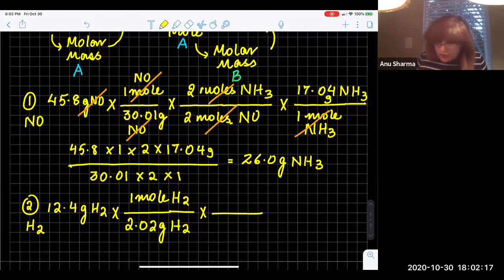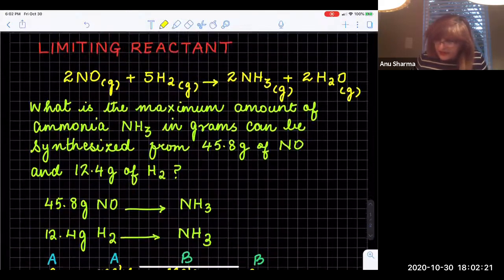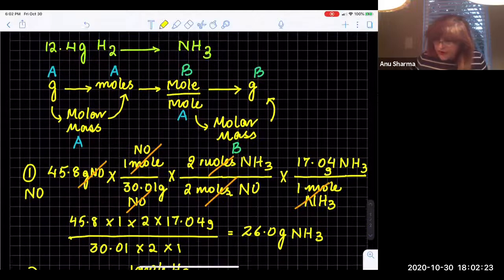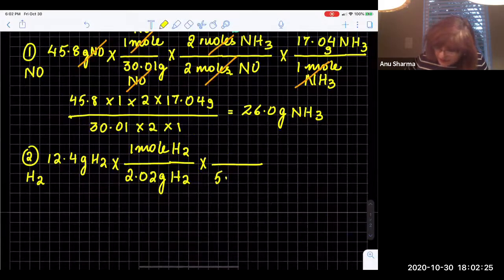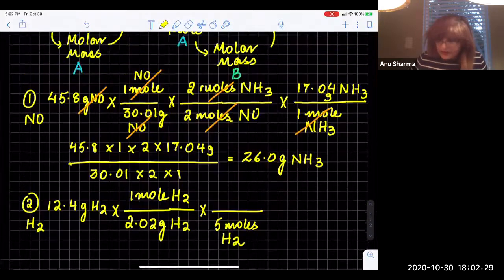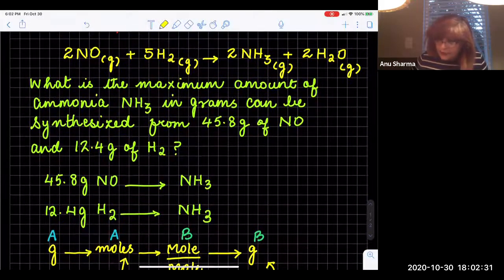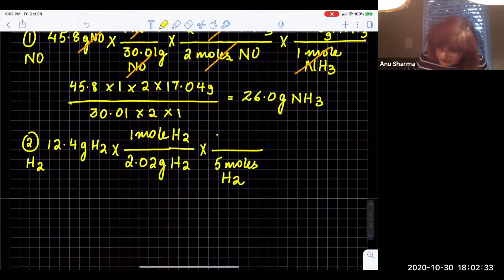Next is the mole to mole ratio, and that we see is 5:2. So 5 moles of hydrogen in the denominator, and that's what we need to get rid of, and we're going to put the 2 moles of ammonia, 2 moles of NH3, on the numerator.